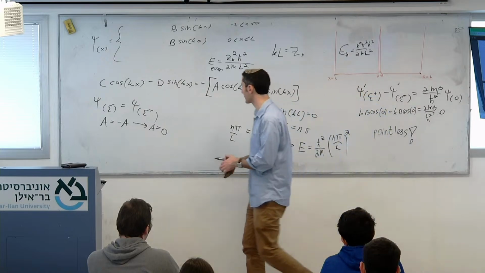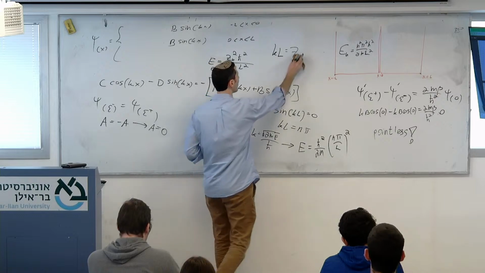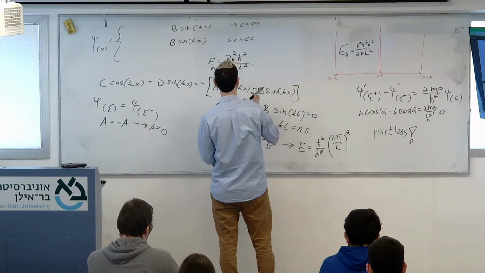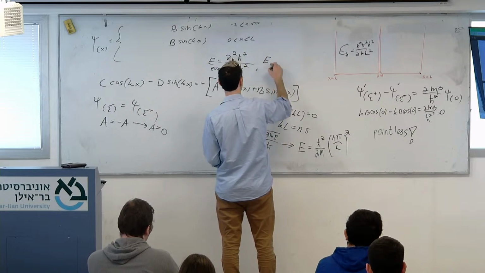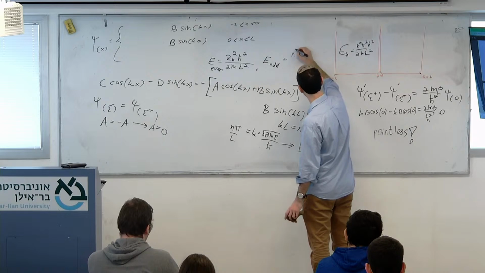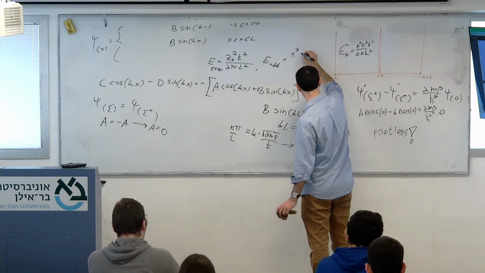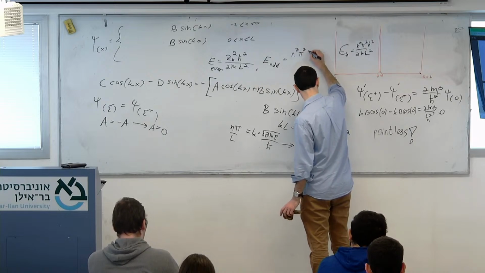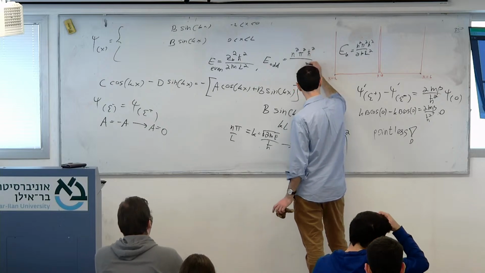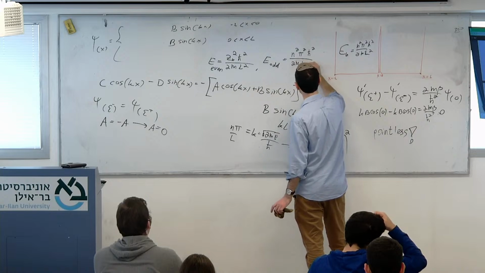Let's write it a little nicer. E odd would be n squared pi squared h bar squared over 2m L squared.